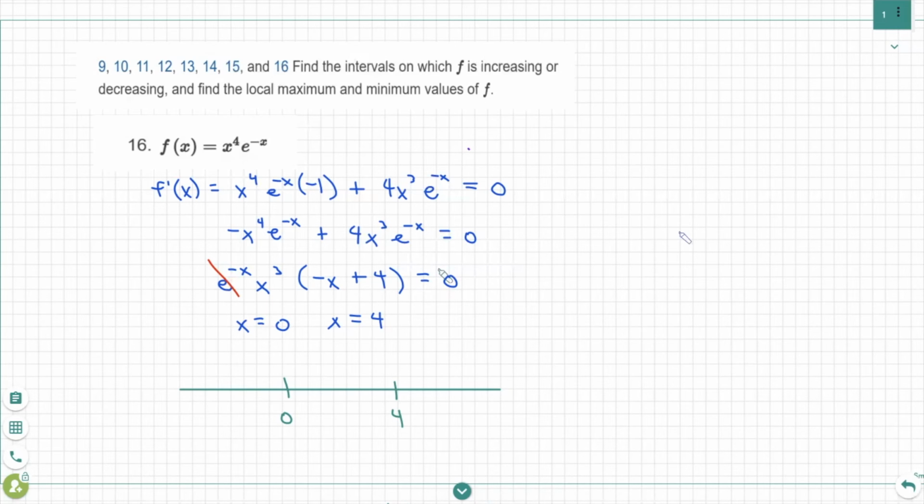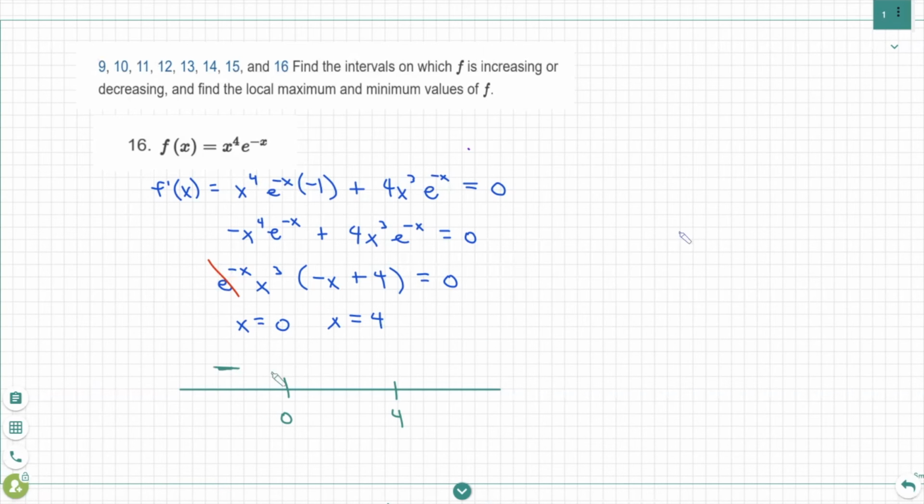So -1 cubed times -1 plus 4. That's -1 cubed, which is -1, times 5, a positive. So what's it overall? It's going to be negative.